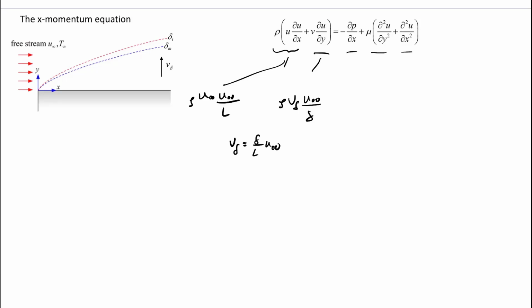If we make that substitution for V sub delta, we end up with rho times U infinity squared divided by L for that second term. That's exactly the same as the first term, so between those two terms we can't get rid of either of them.